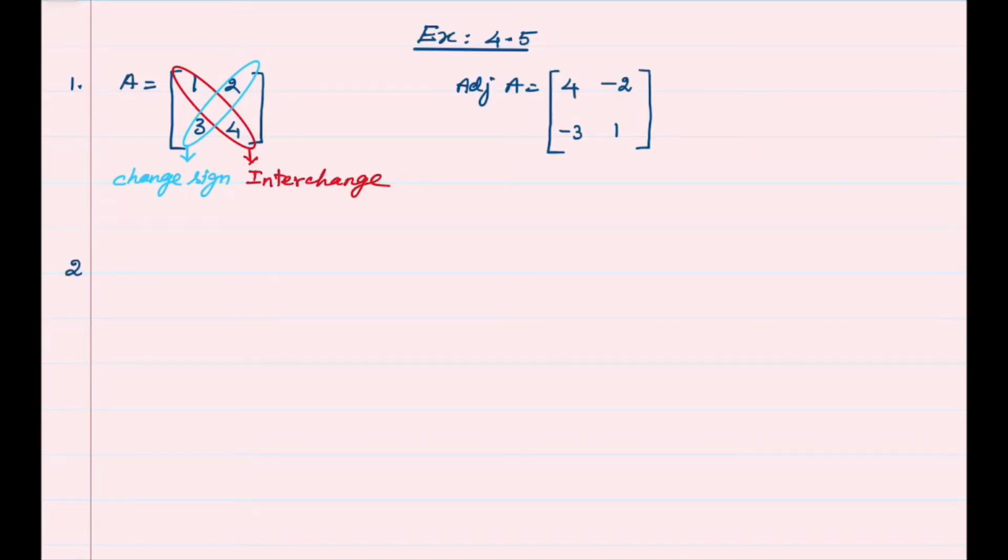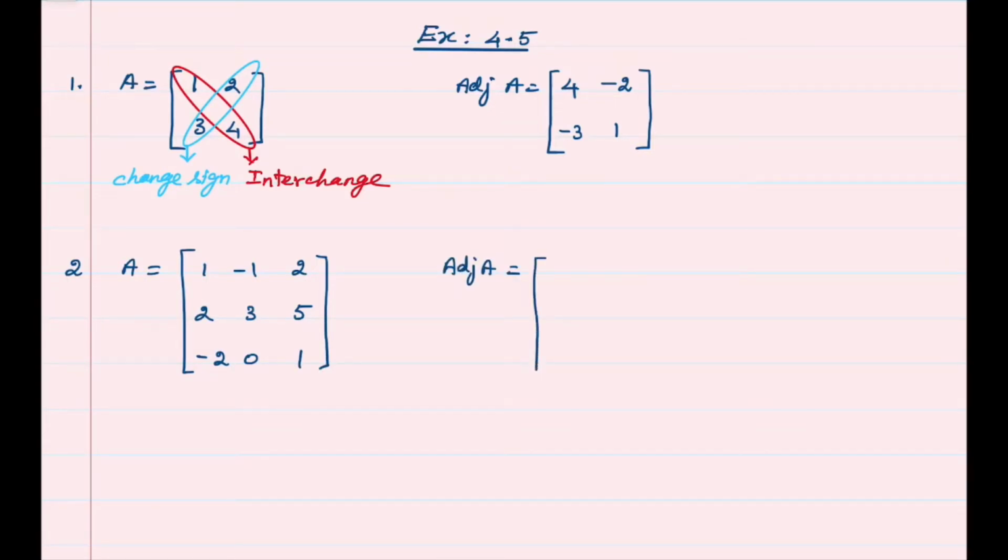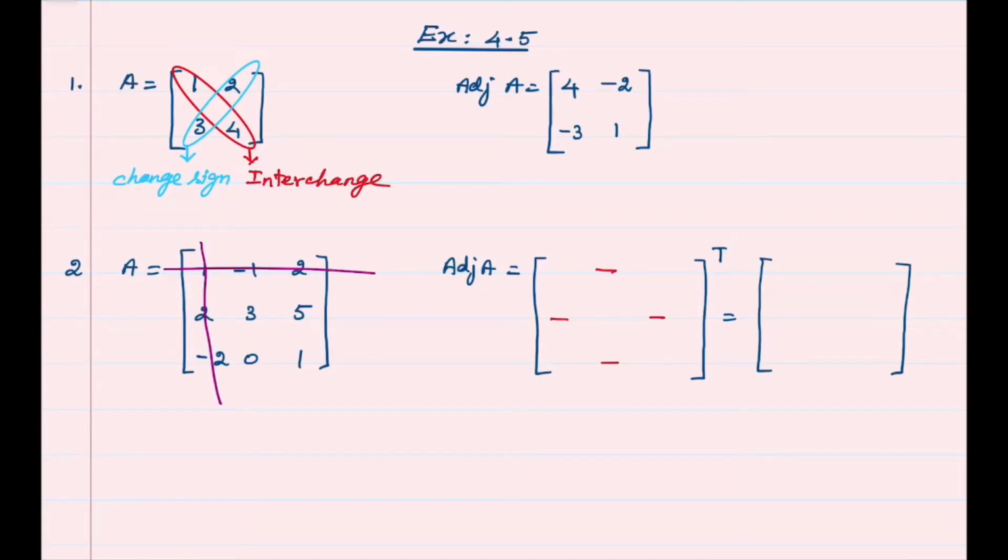Second question. Let the given matrix be A. We will write the adjoint of A, which is the transpose of the cofactors. Cofactor of 1, 3 minus 0, which is 3.